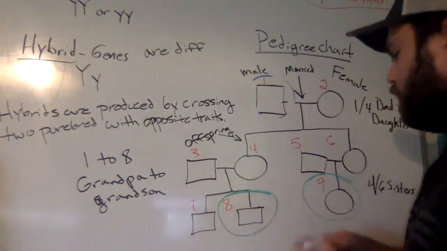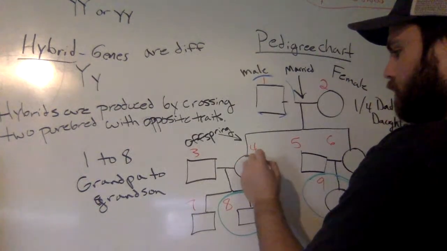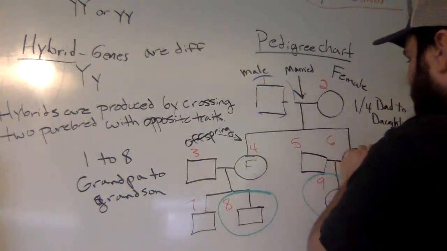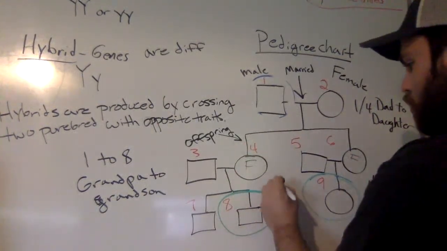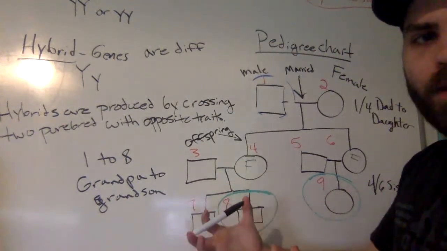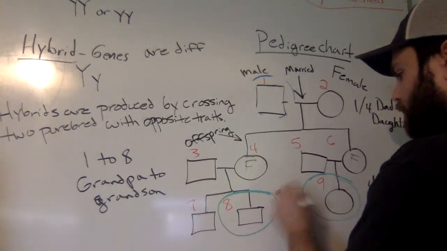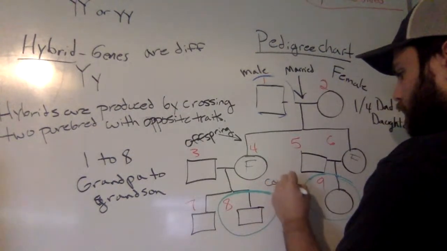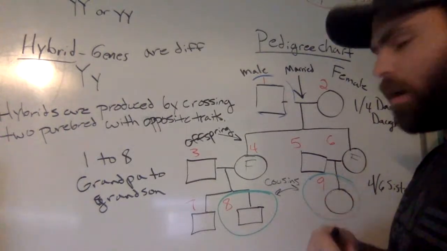So if we look at these two, okay? Because remember, these two up here, we got a female, we got a female. These are sisters, correct? So these are their kids now. So if your dad or your mom have brothers and sisters, their kids are going to be your cousins, all right? And that's what they are.